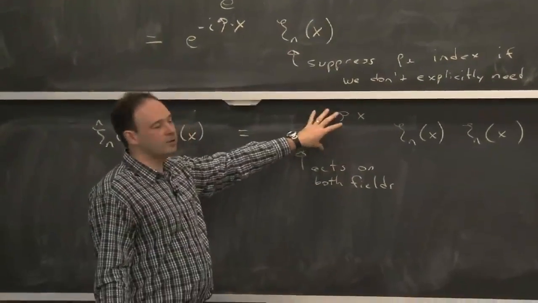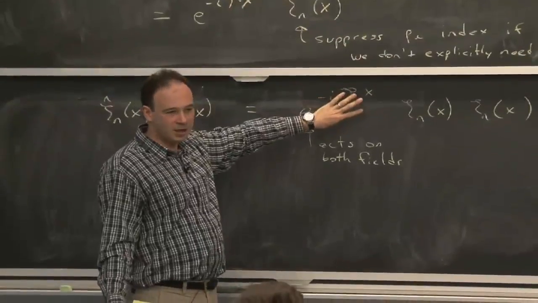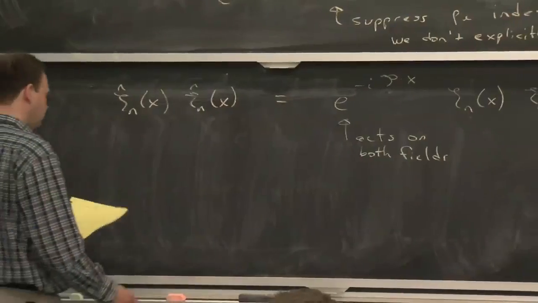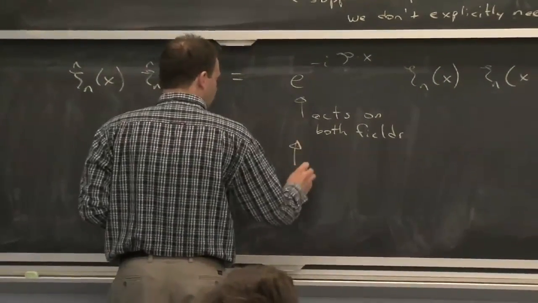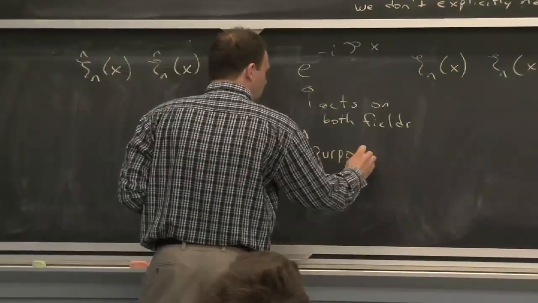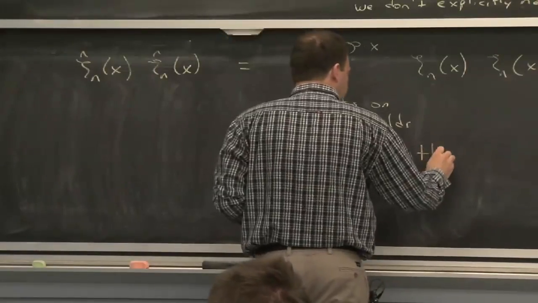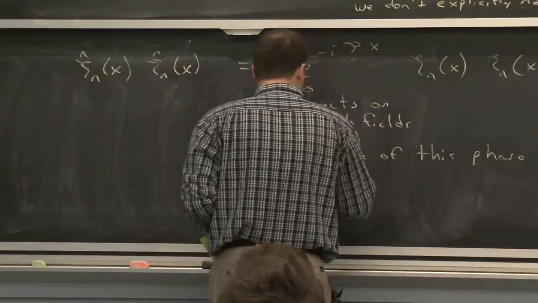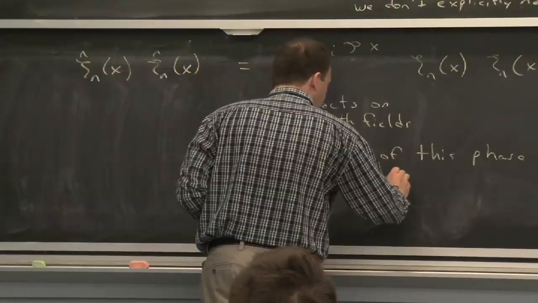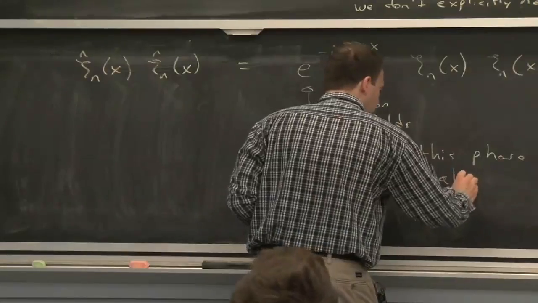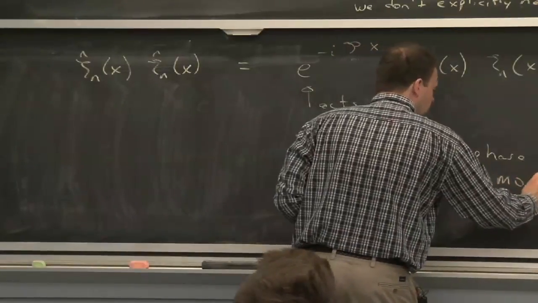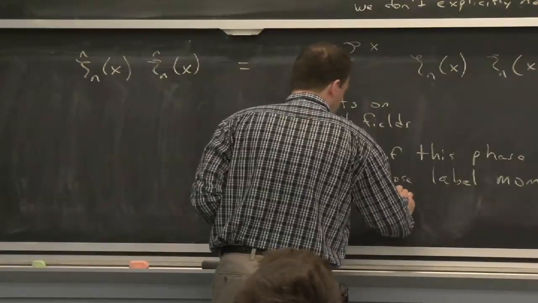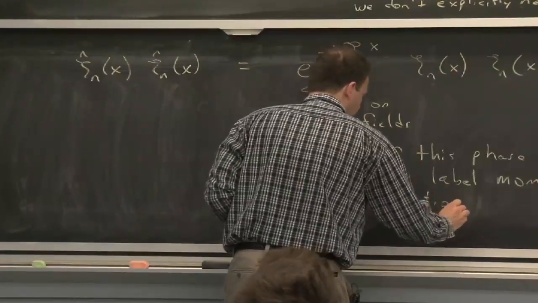There's going to be this overall e to the minus i p dot x, and it's just sitting there to conserve momenta in the label space. So that's its purpose.